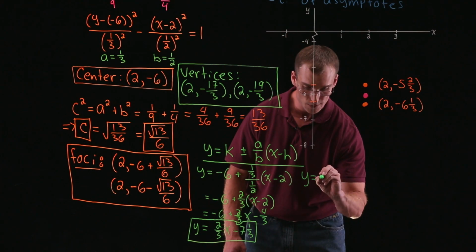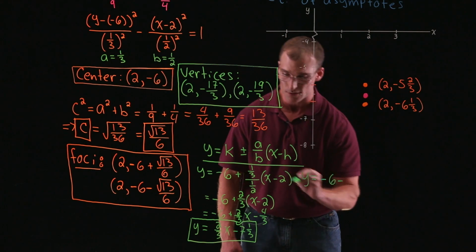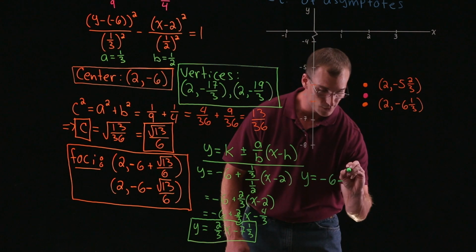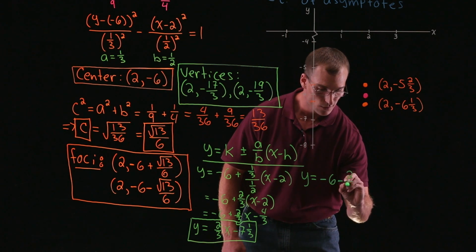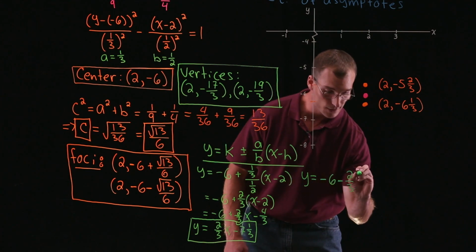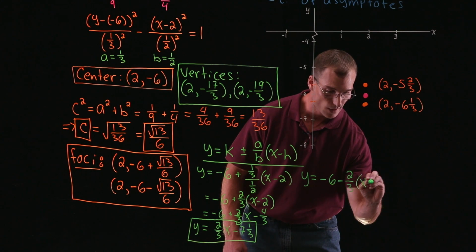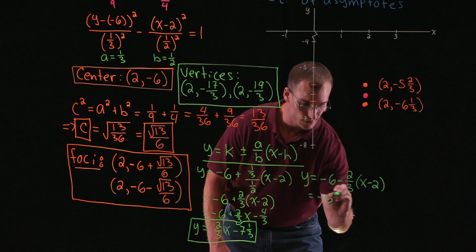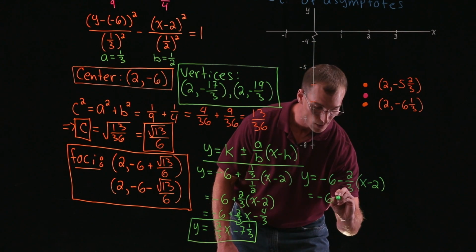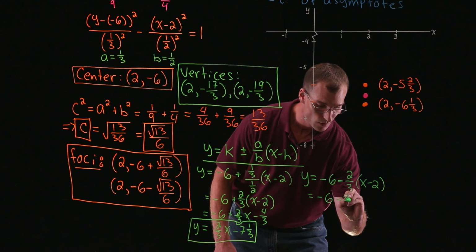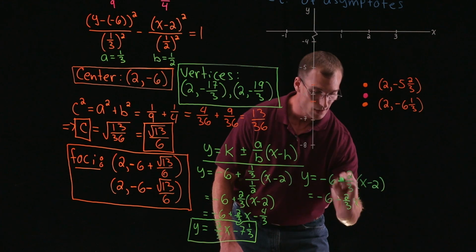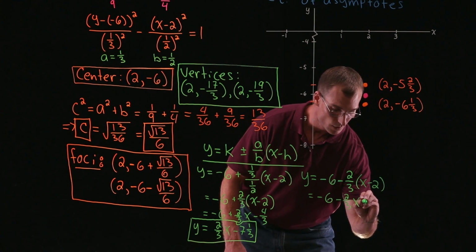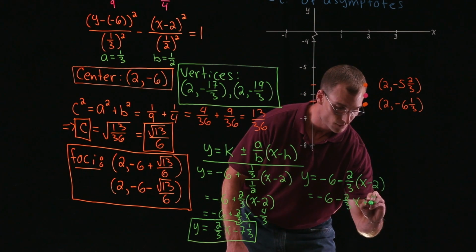And let's look at the next one. So we'll take y equal to k, or -6, minus, again, a over b we know is 2/3. So -6 minus 2/3 times x minus 2. That's going to give us, so -6 distributing the -2/3, -6 minus 2/3 x, -2/3 and -2 is plus 4/3.